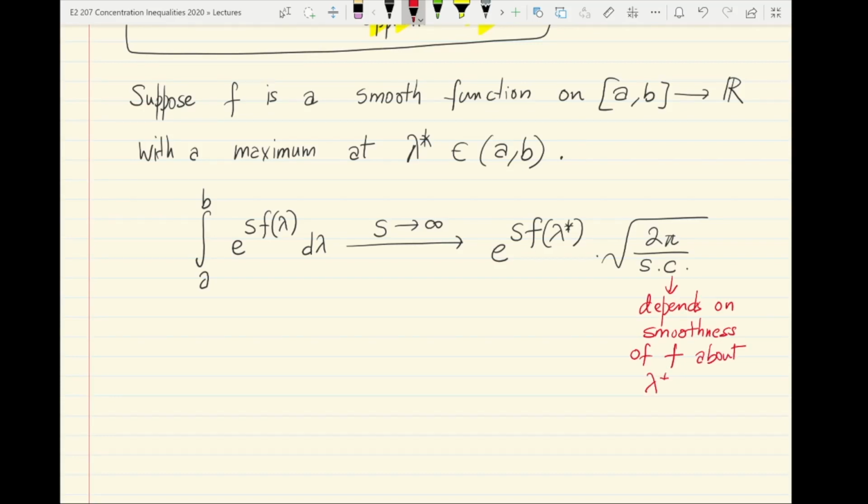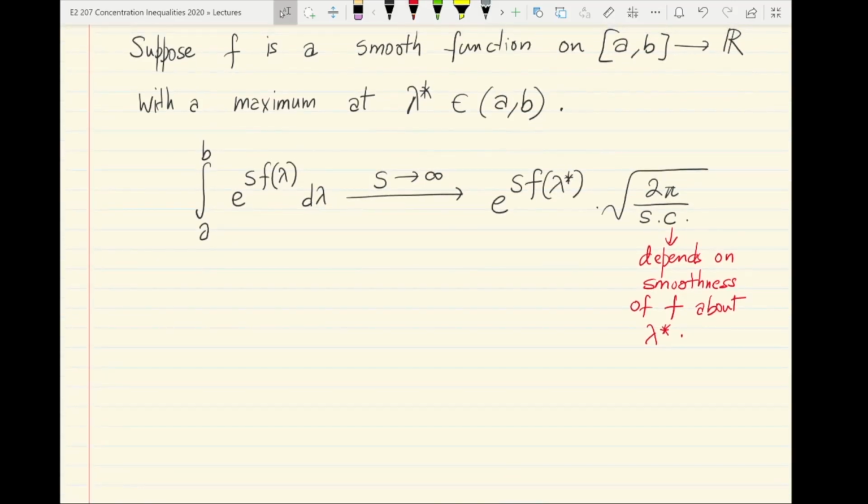about its maximum point at λ*. It relates to the Hessian, or the second derivative, of f at λ*. So the point of this is, up to a constant, by integrating you recover e raised to the maximum value.